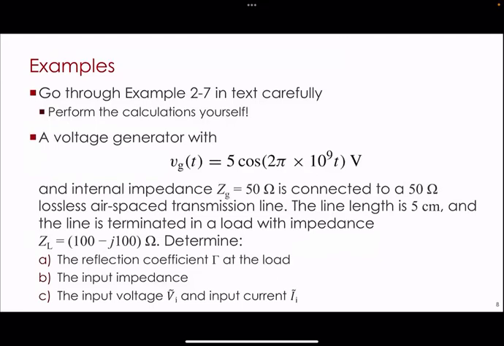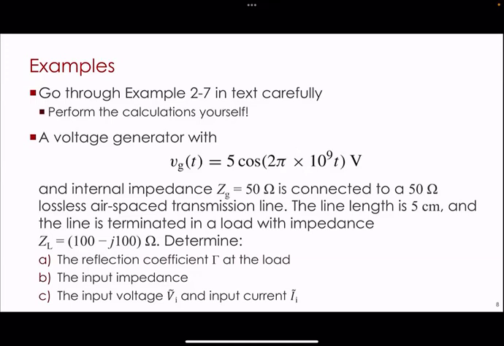It's got an internal impedance of ZG equals 50 ohms. It's connected to a 50 ohm lossless airspace transmission line. Do we know the velocity of this one? Yes. So that's the magic piece right there, the airspace, because what that means is the electromagnetic wave, even though we've been talking in terms of currents and voltages, is traveling in the dielectric between the two conductors.